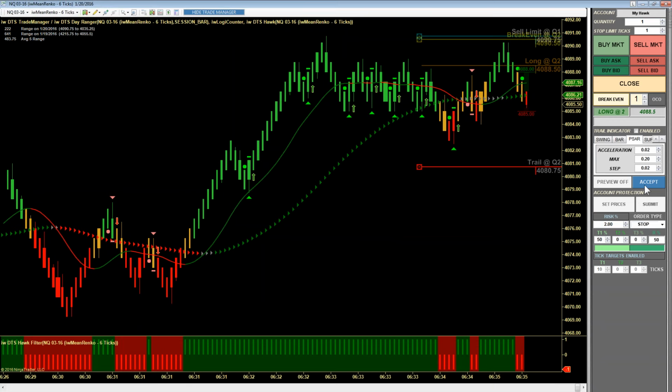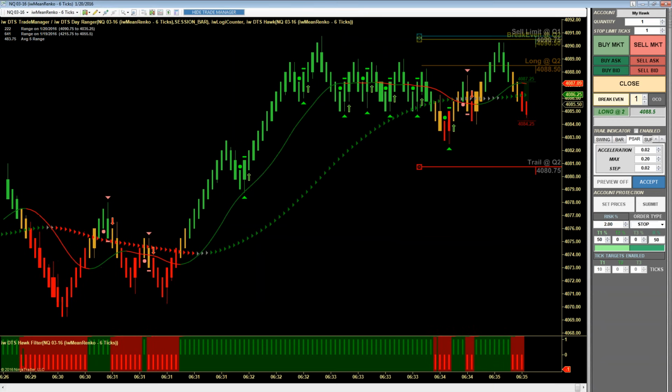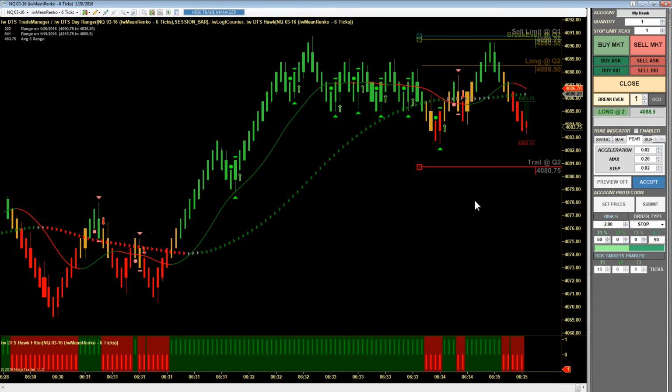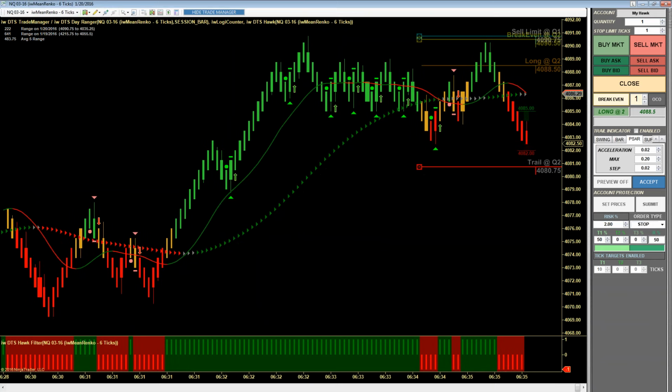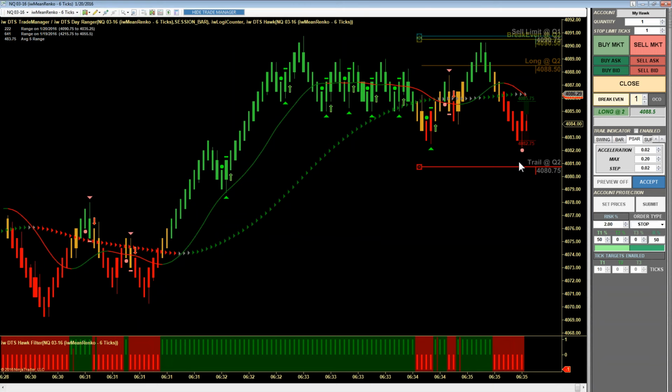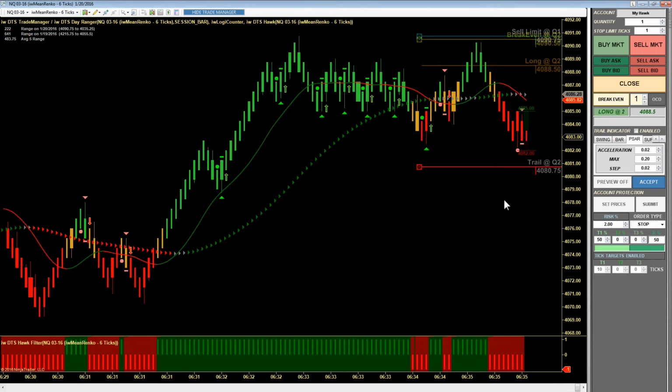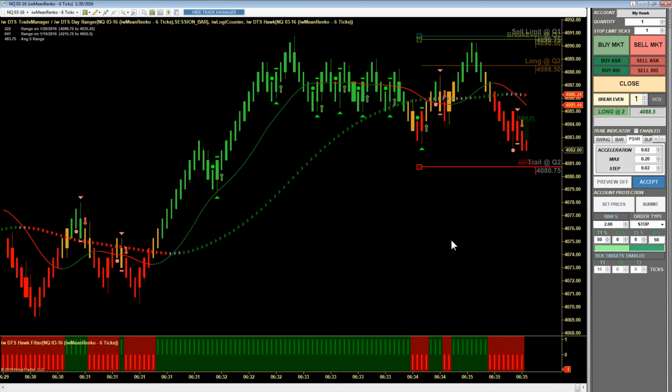Now, the whole point of using the Trade Manager for my trades is that it will limit my risk exposure on all my trades. Regardless of where I place my stop, it will never allow me to risk more than 2% of my trading capital. So even if I do get stopped out on this trade, where we've got the market kind of floundering here at the moment, I can take heart that I haven't risked more than I can afford to lose.